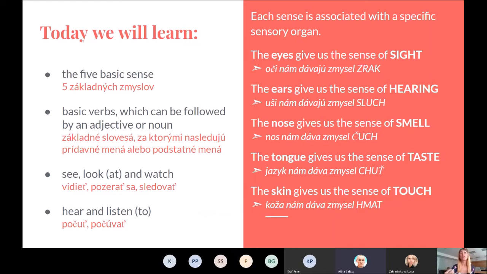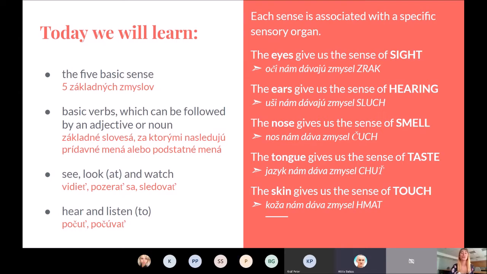We will talk about the verbs that we use to express those senses, and they can be followed by an adjective or noun. We will focus on the difference between the verbs see, look, and watch. And as well, we will talk about the difference between the verbs hear and listen to.